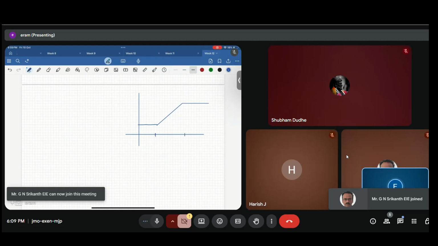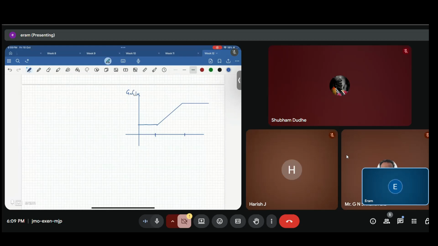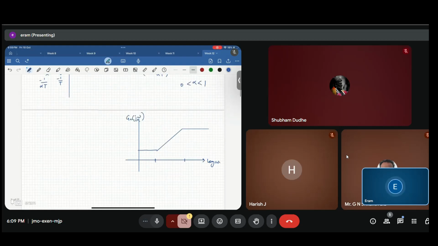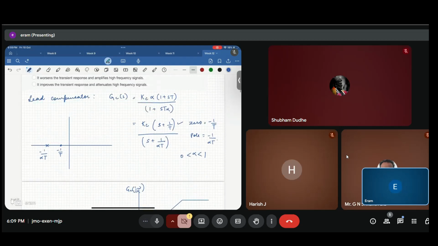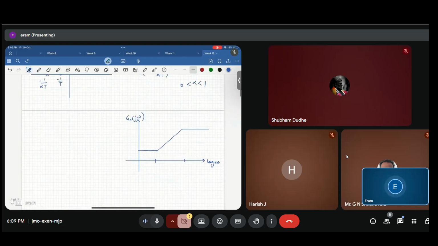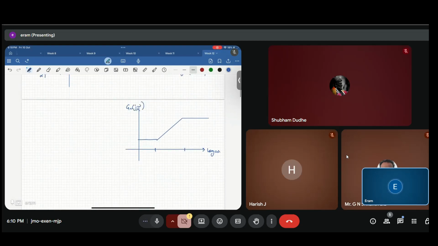These are your corner frequencies. This is Gc of j omega, and this is log omega. From the Bode plot, we can see that it attenuates the low frequency components, so it acts as a high pass filter.